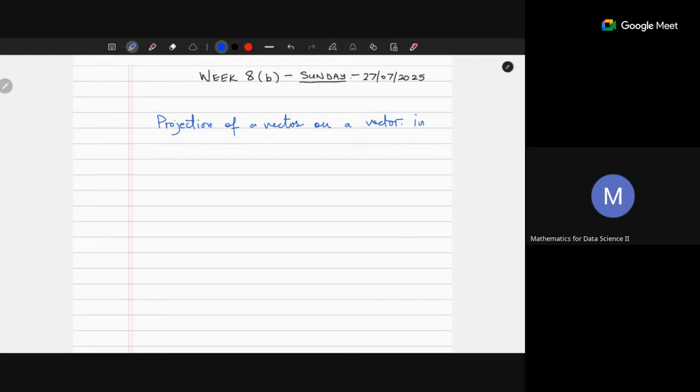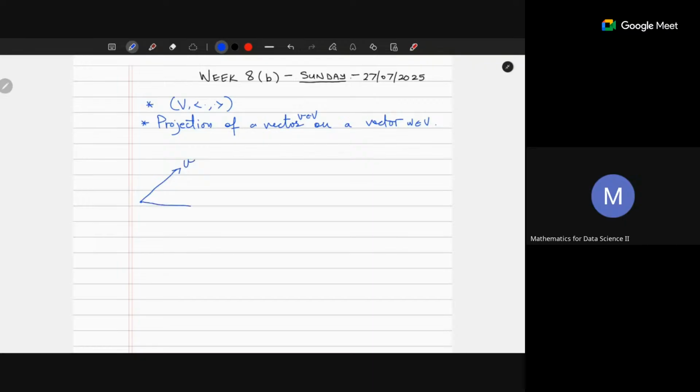So I'm working with the inner product space V. So projection of a vector V in V on a vector W in V. All right. So the situation you may think of like this.